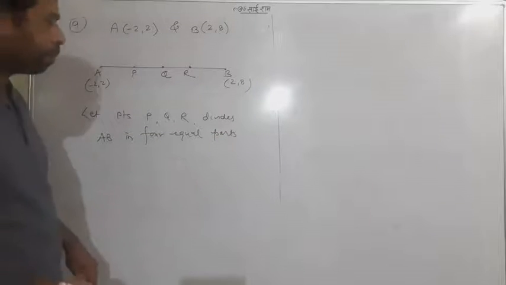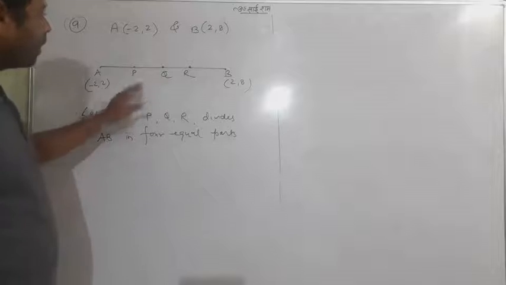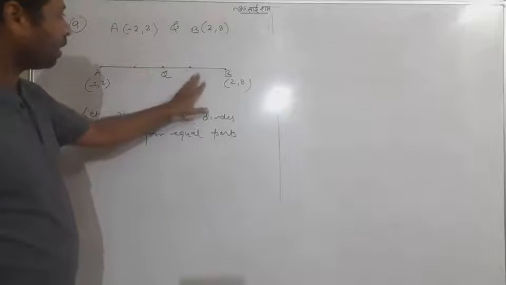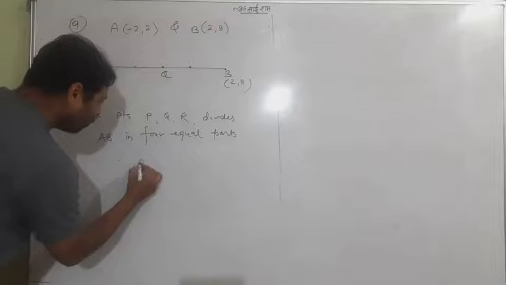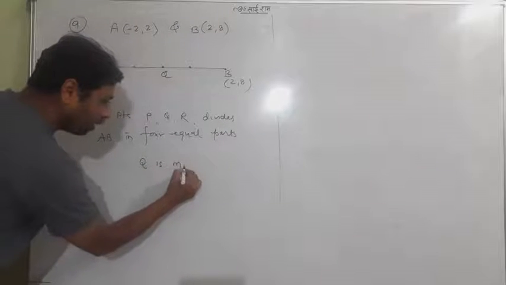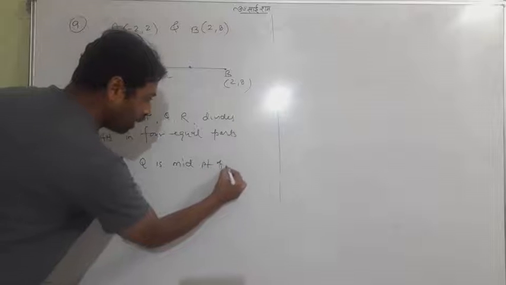Now what will you say? One can simply understand, if I rub out P and R, that Q is the midpoint of AB. Therefore Q is none other than the midpoint of AB.